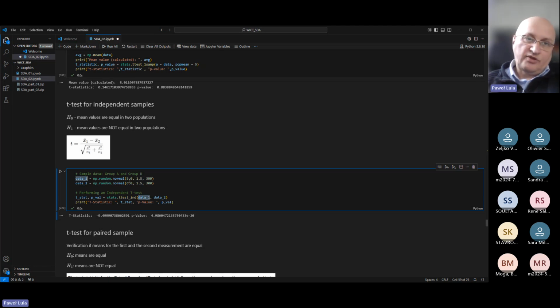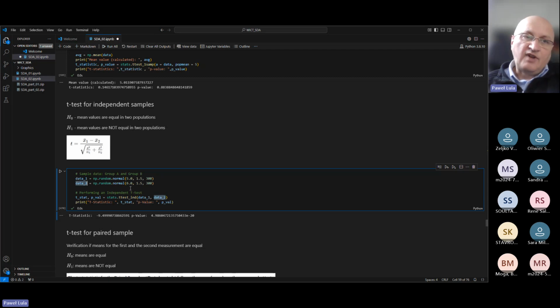Of course, it was also generated randomly. A sample from Greece is here. Also, it is generated randomly. These values were taken from a normal distribution. The standard deviation is the same in both cases.